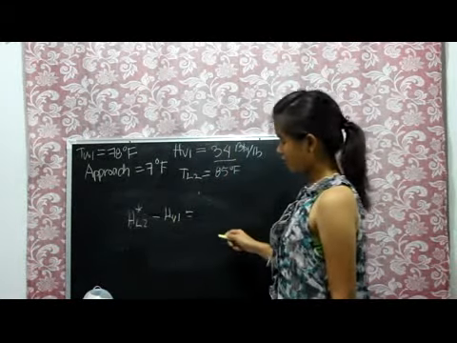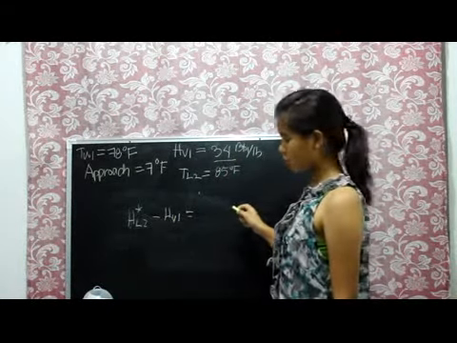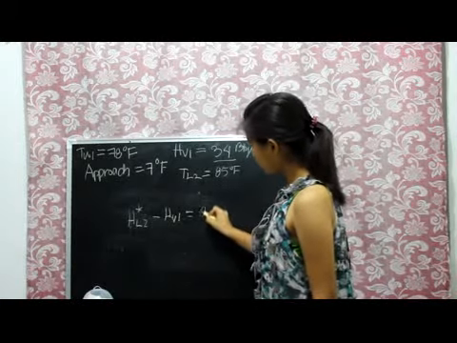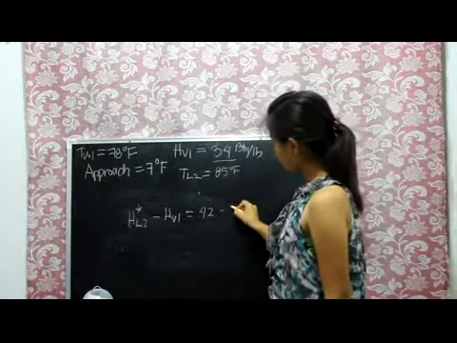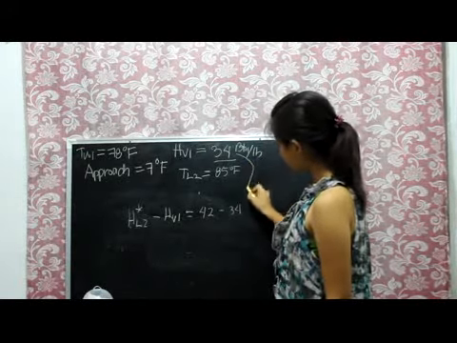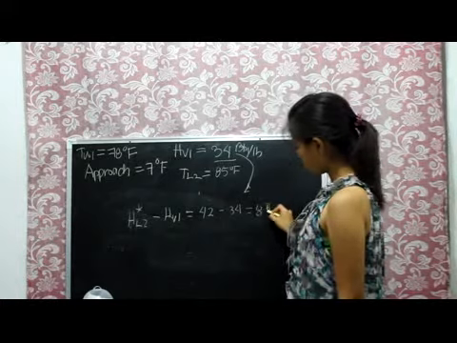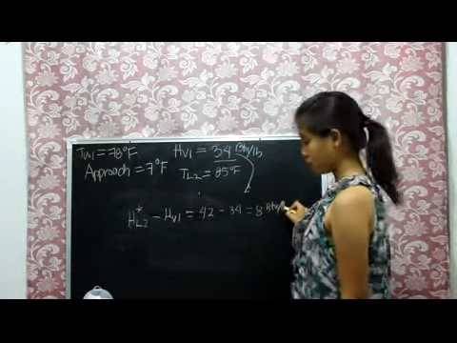HL2 is already given from the previous part of sample problem number 1, which is equal to 42 minus 34, and that is equal to 8 BTU per pound.